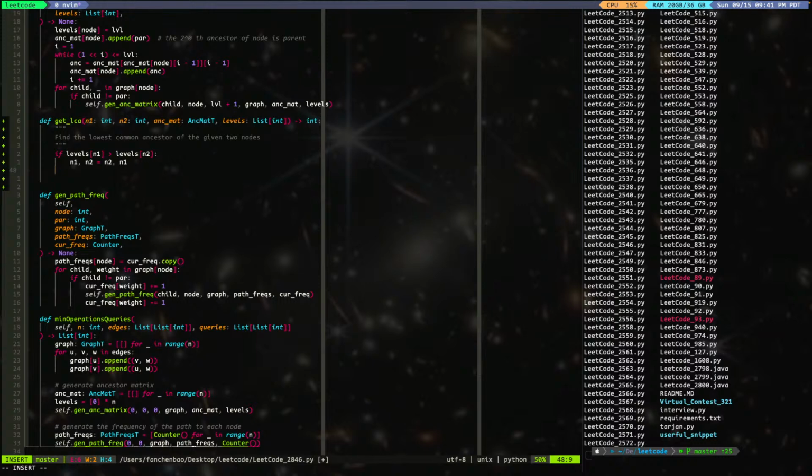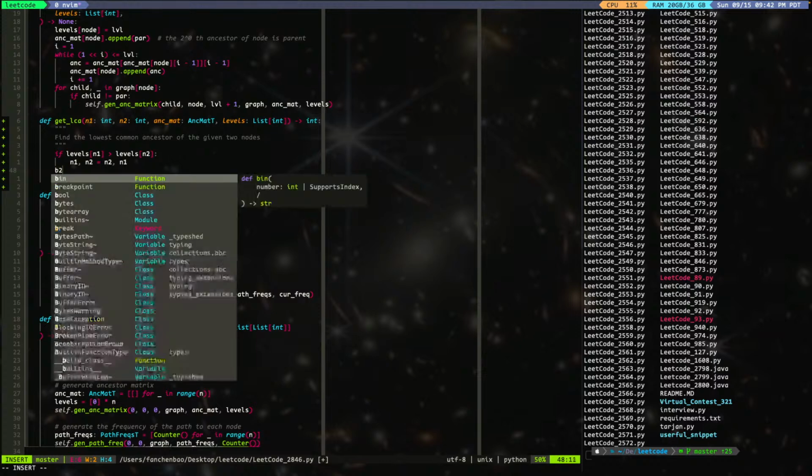Now we need to know the ancestor. n1 is the lower level, n2 is the higher level, which means it is more down. So we need to reset n2. Forgot self.